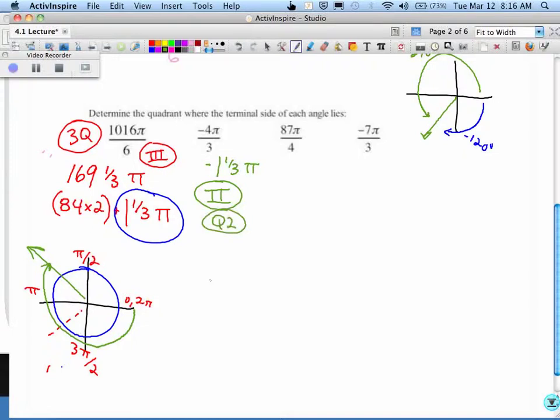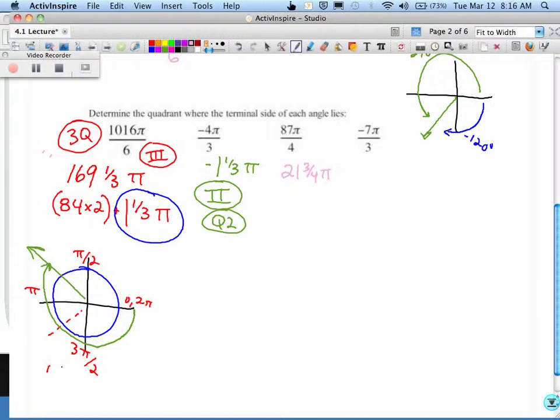How about 87 pi over 4. What's the mixed number for 87 pi over 4? 21 and what? And 3/4 pi.